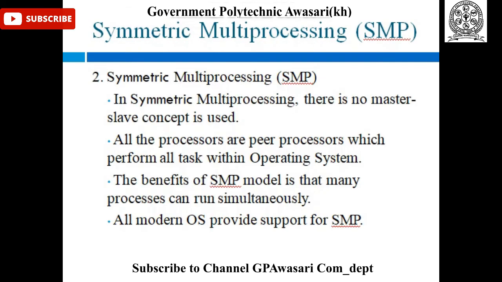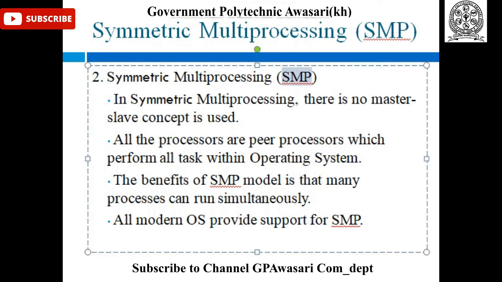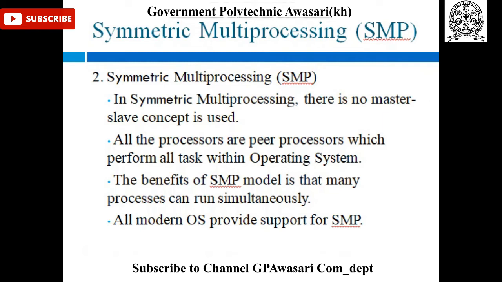Now let's see symmetric multiprocessing, abbreviated as SMP. In this symmetric multiprocessing, no master-slave concept is used. It means there is no master processor and slave processor. All the processors are peer processors which perform all tasks within the operating system.